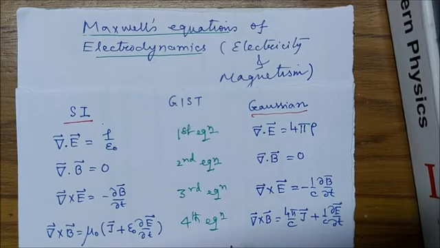In separate video we shall derive them, we shall explain them, we shall discuss their significance or importance. In separate video we shall mention application of these equations which are of paramount importance in electricity and magnetism.